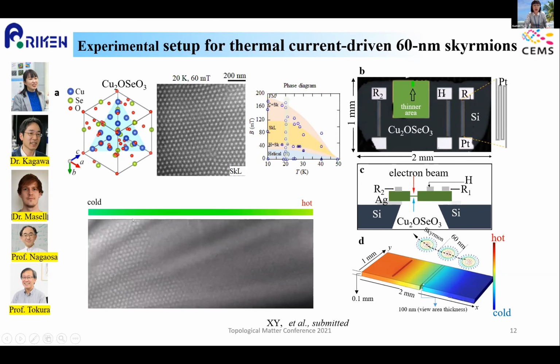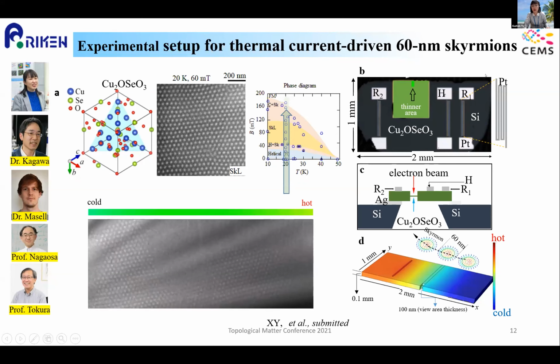We chose Cu2OSeO3, which is the prototype insulating helimagnet hosting small skyrmions with a size of 60 nanometers in diameter. And this is the phase diagram. We just focus on the skyrmion cluster in the conical background state. And this Lorentz TEM movie clearly shows the skyrmion moving from the cold side to the hot side.